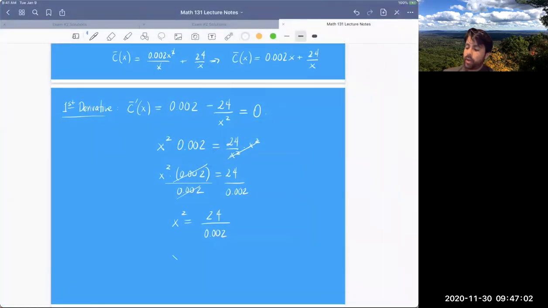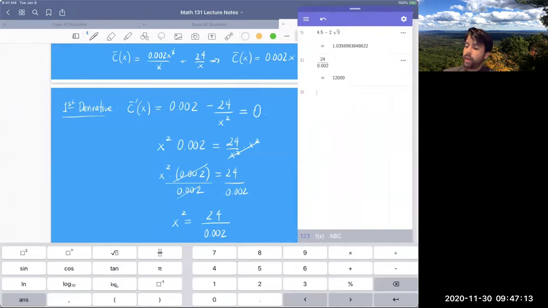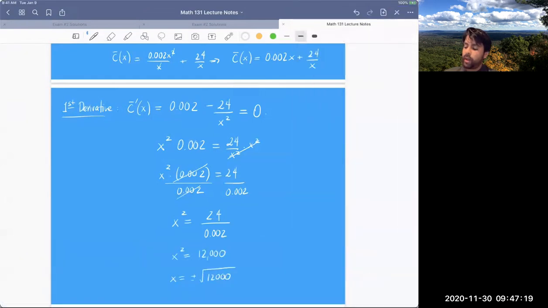So x squared equals 12,000, which means x is equal to plus or minus the square root of 12,000. The square root of 12,000 is 109.54, so x is equal to plus or minus 109.54.